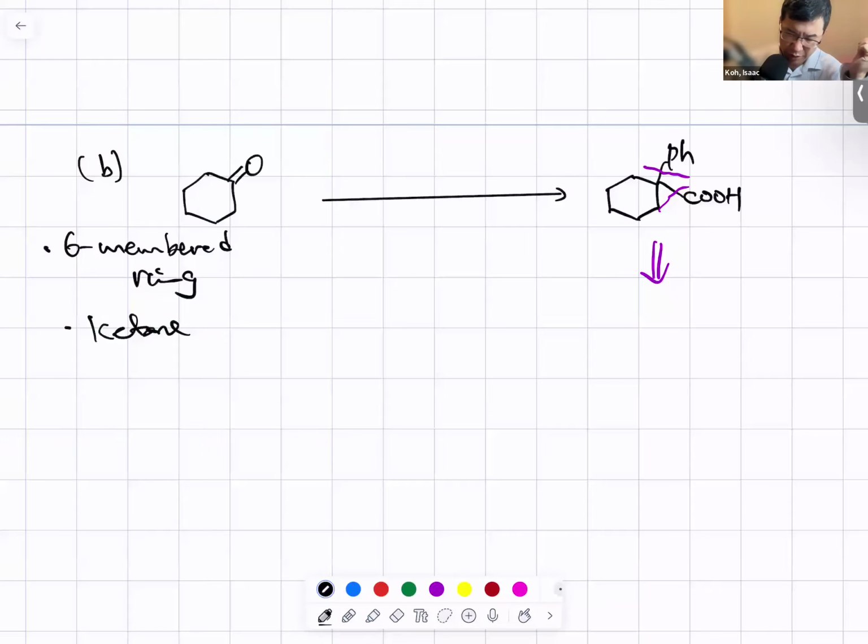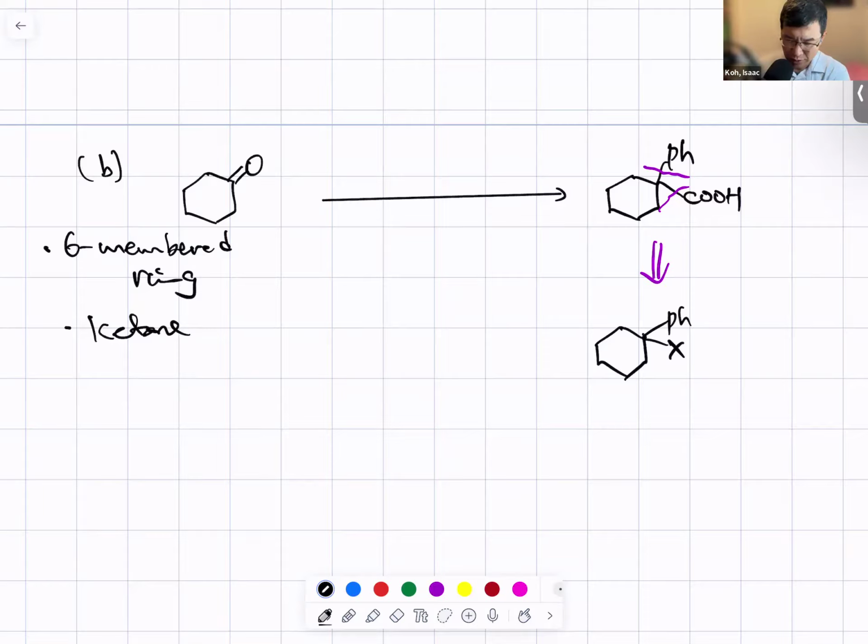Okay, so when you go back, you can make phenyl plus, you can make this one phenyl to some kind of functional group, making into carboxylic acid. Then we can think about again the Grignard reagent plus dry ice condition or sodium cyanide.